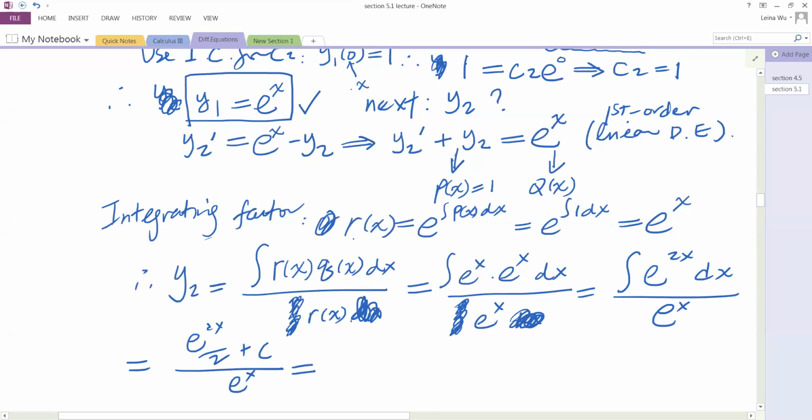Okay, so what we have here is e raised to the 2x over 2 divided by e to the x, and plus c divided by e to the x, right? The first division is e to the 2x over 2 divided by e to the x. The second division will be c over e to the x.